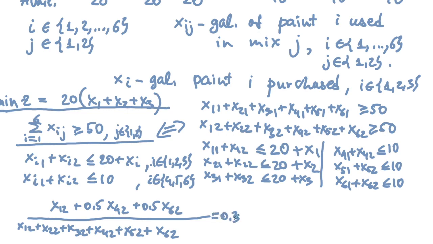Alright, so now we can easily convert it into a linear constraint by just multiplying both sides by the denominator and simplifying the resulting expression.